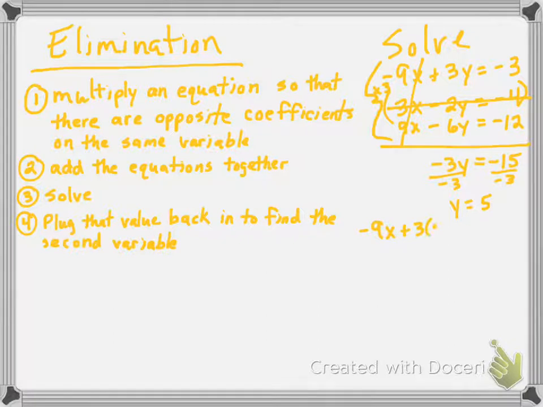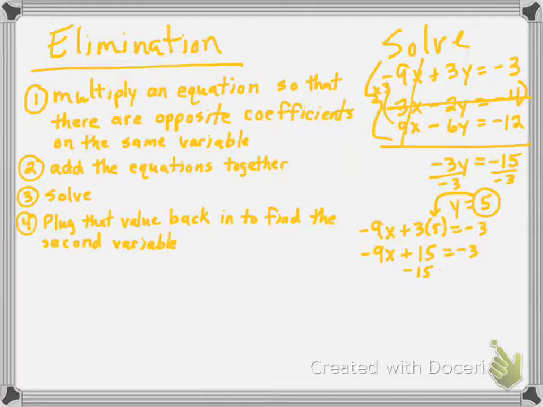So I've got negative 9x plus 3 times 5 equals negative 3. All I did was take this 5 and put it right here where the y was. And now I have an equation with just an x, so I can solve. I get negative 9x plus 15 equals negative 3.